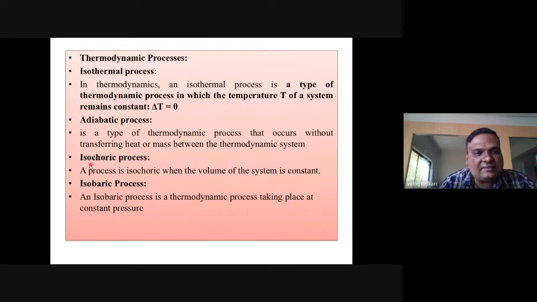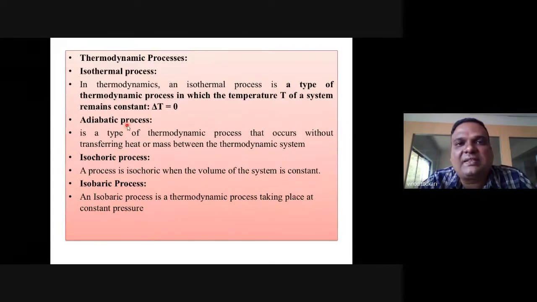Now we'll see the next type, the adiabatic process. Tell me, what do you mean by adiabatic process? Have you heard this word before, adiabatic? See, what is the meaning of the word adiabatic? No exchange of heat and mass. Excellent.